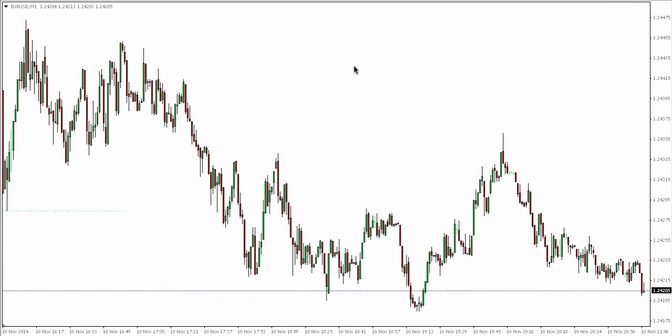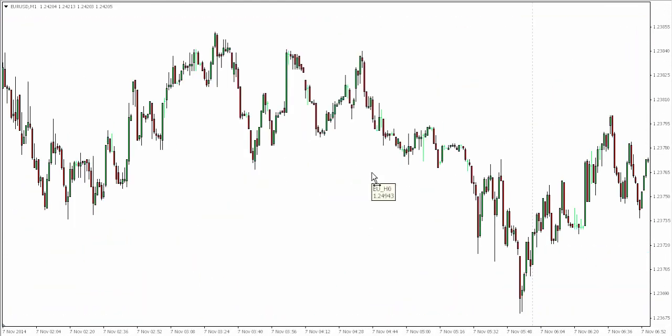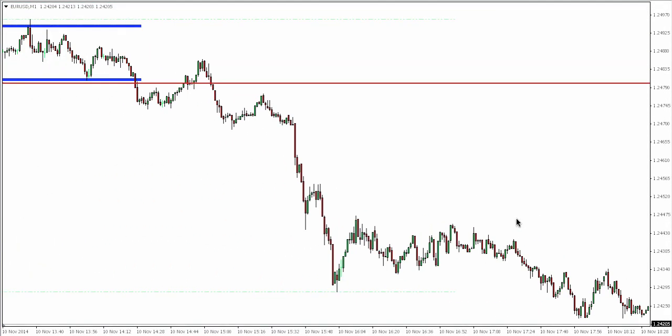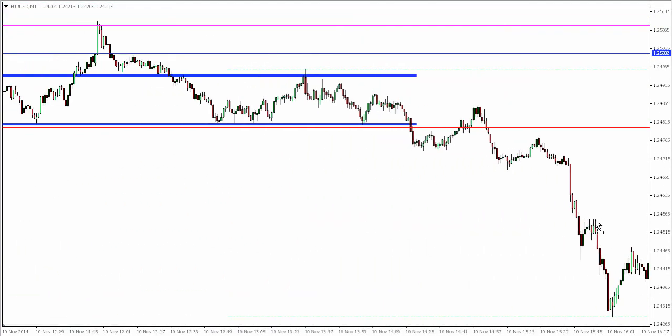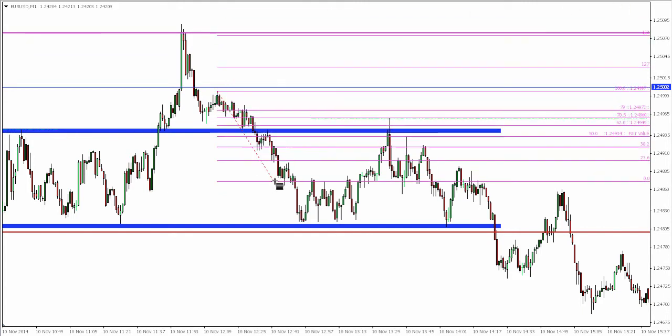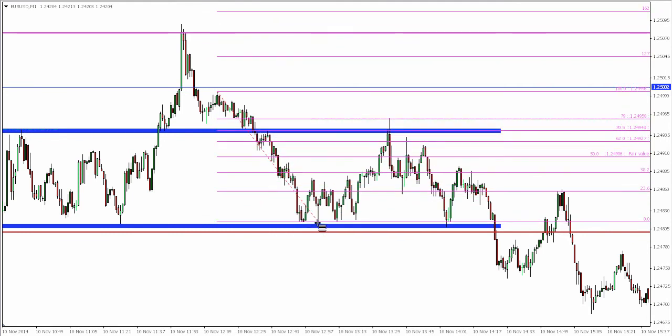And if you drop to the 1 minute time frame, I rarely do this, and you actually fib this high to this low, there you have it.